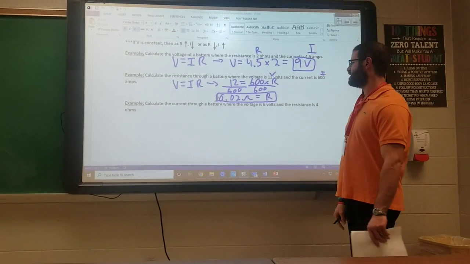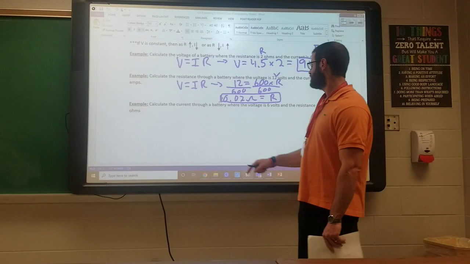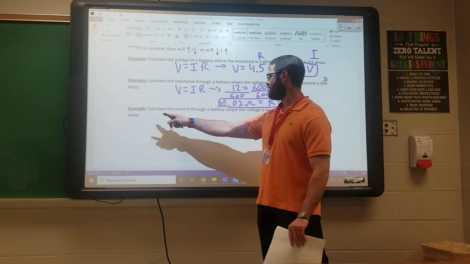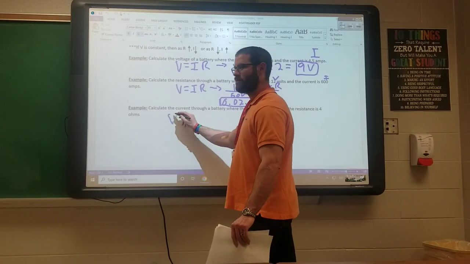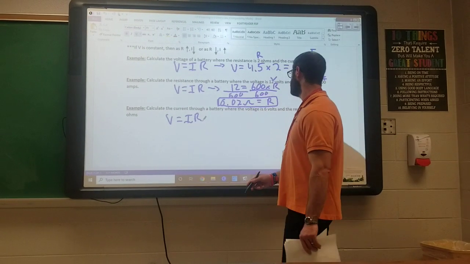All right, last one here. It says calculate the current, so we're trying to find I, through the battery where voltage is 6 volts and resistance is 4 ohms. Again, we'll go back to V equals IR. We're looking for current. What do we know?